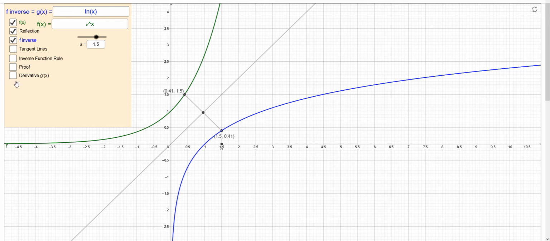Well, remember that the derivative is just the slope of the tangent line. So let's look at the tangent lines here. And here you can see both of the tangent lines. And, of course, the slopes of those lines, being the derivative, is how much the tangent line goes up or down when you go right one.